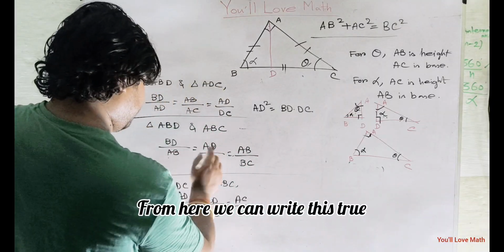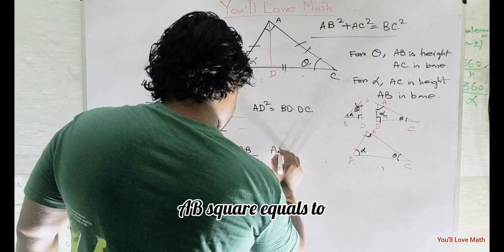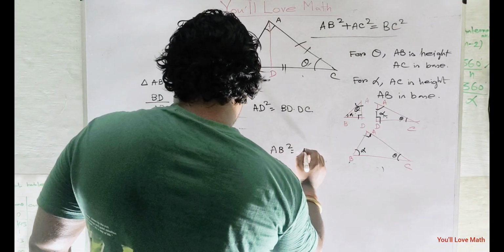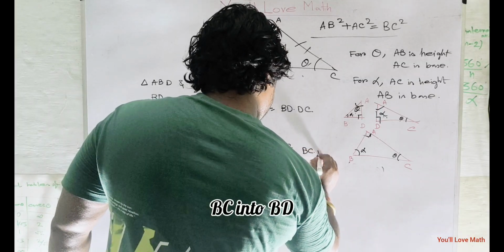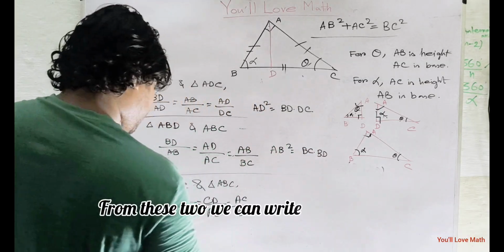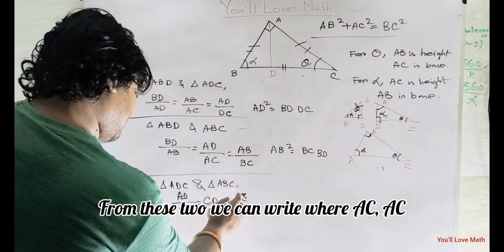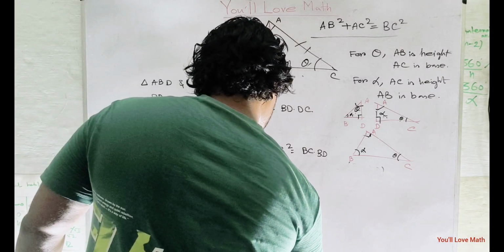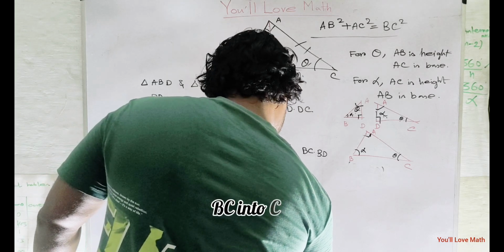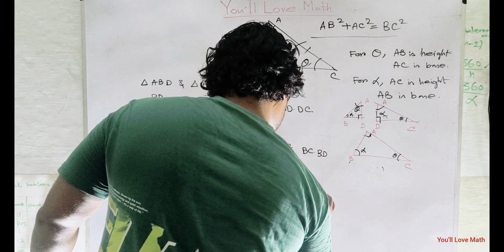From here we can write AB square equals BC into BD. From these two we can write AC square equals BC into CD.